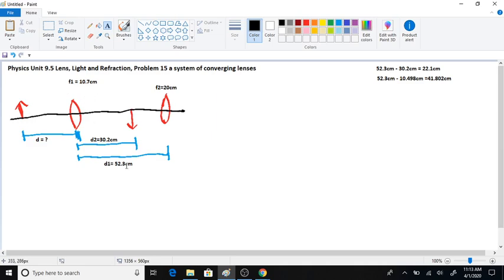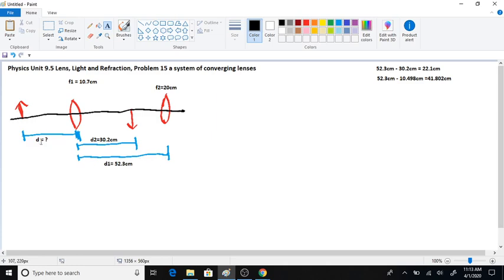These are all given in the problem here. Ignore these two things for a second. This is problem 15, and the focal length of this lens is 10.7. The focal length of that one is 20 centimeters. You're given this distance here, which they call D2, is 30.2. D1 is the distance between these two right here.